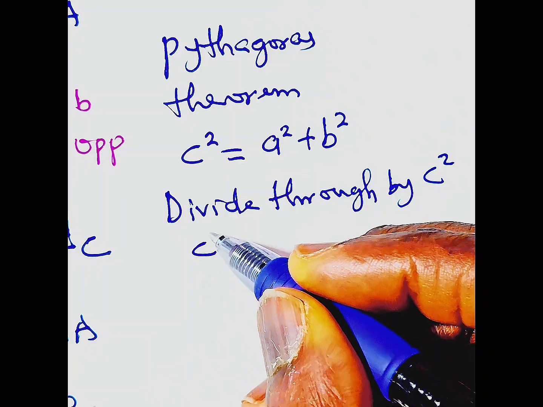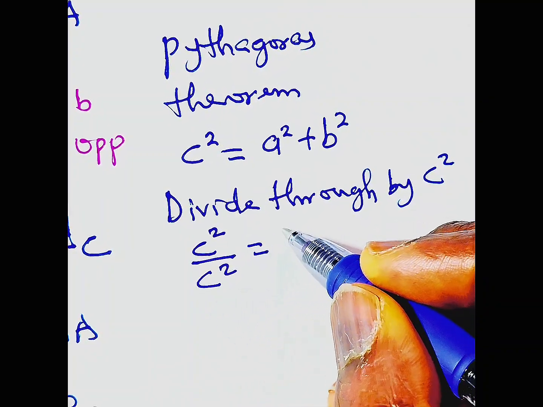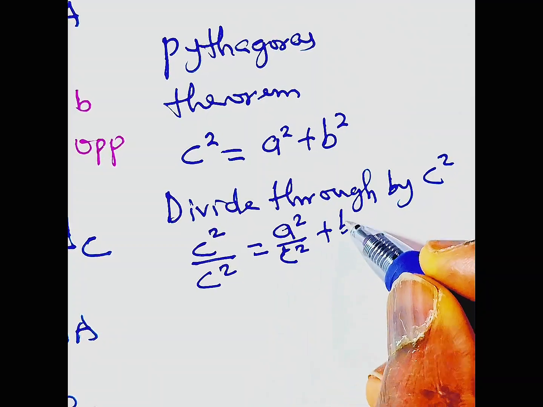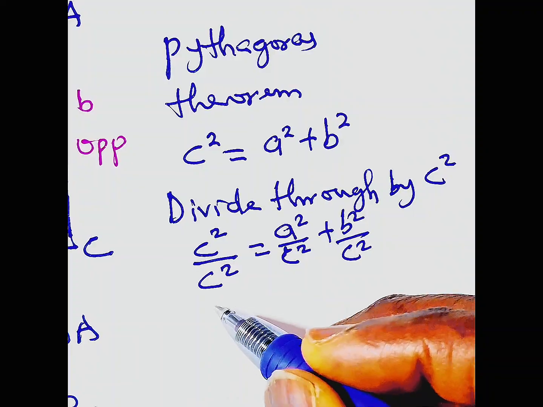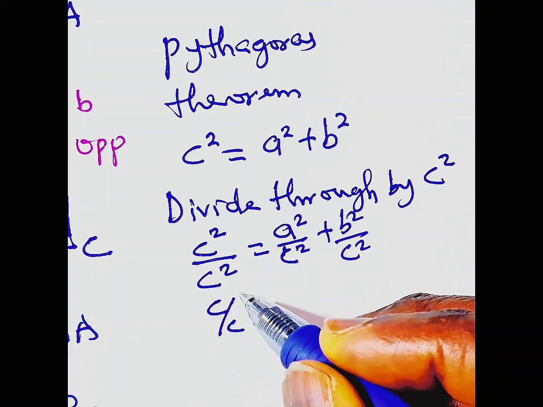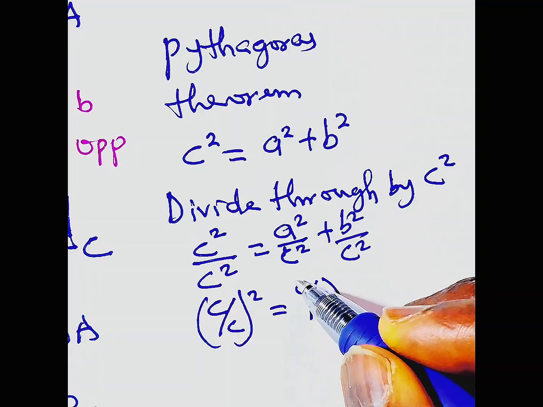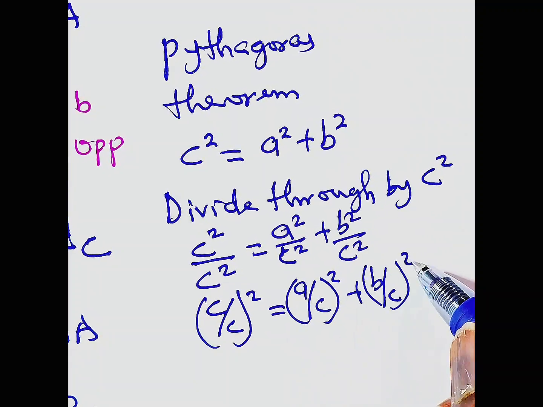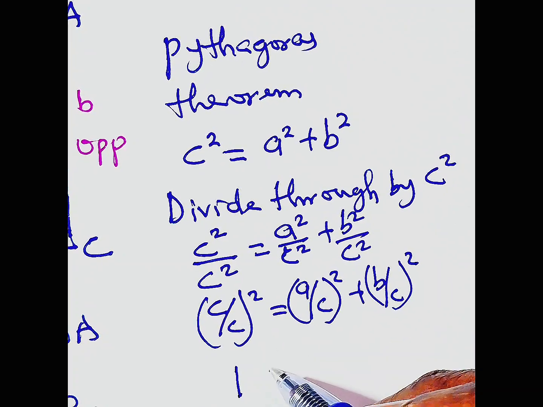If we do that, we're going to have c squared over c squared equals a squared over c squared plus b squared over c squared. So c squared divided by c squared will give us 1.